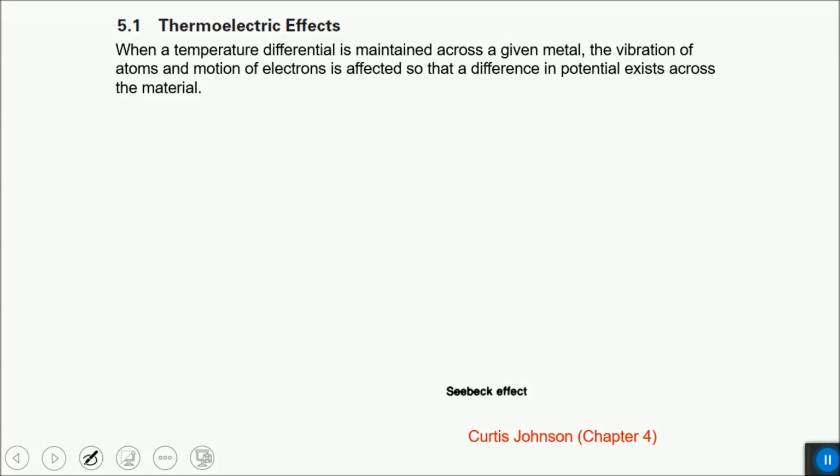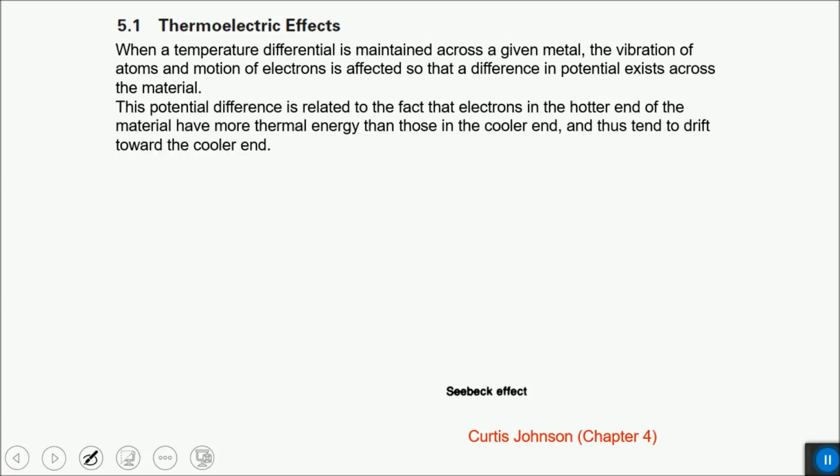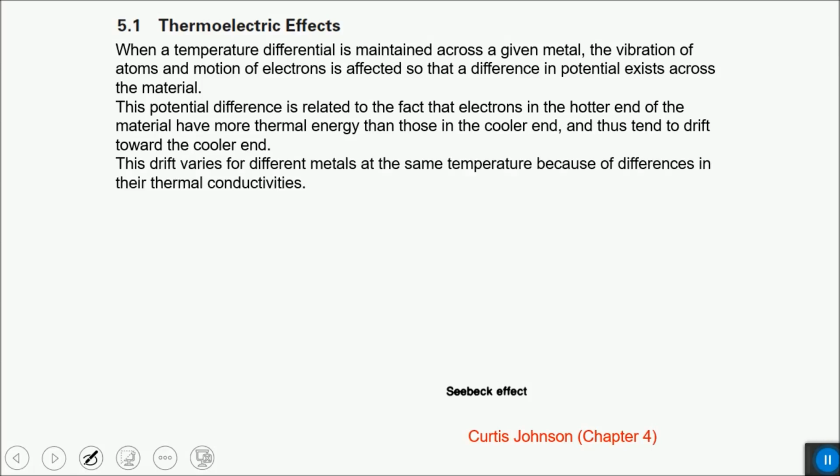So a difference in potential, thermal potential, exists across that metal, and that potential difference is related to the fact that electrons in the hotter end of the material have more thermal energy than those in the cooler end, and thus they tend to drift from the hotter end towards the cooler end to maintain equilibrium. That drift of electrons produces an electric field and an EMF.